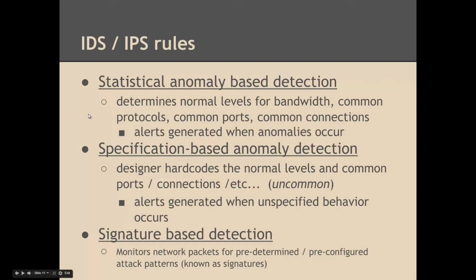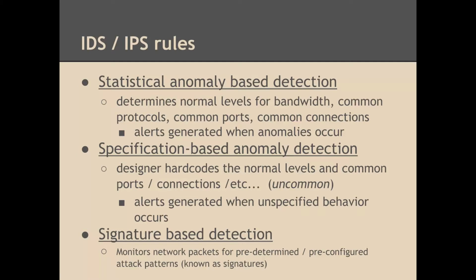And then there's also anomaly-based detection, and the two worth talking about are statistical-based anomaly detection and then also specification-based. Specification-based is summed up best by, if you have a rule saying if the amount of peer-to-peer traffic exceeds 10% of all the traffic on the network, log that event or take this action.